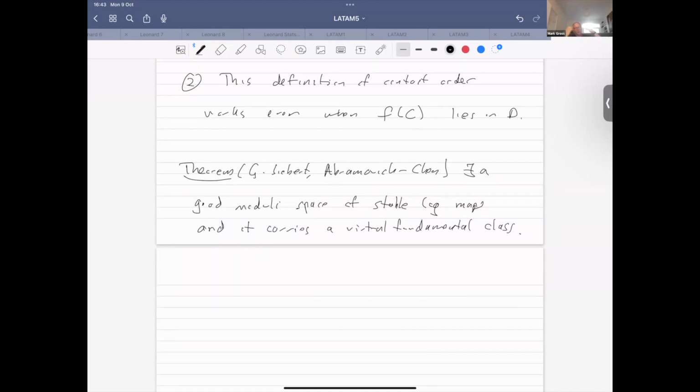So in other words, we can do Gromov–Witten theory in this context. Okay, so that is part of the story.